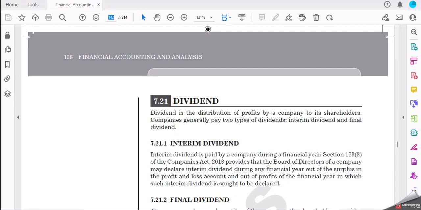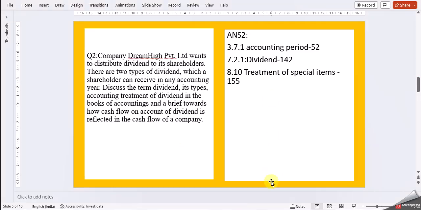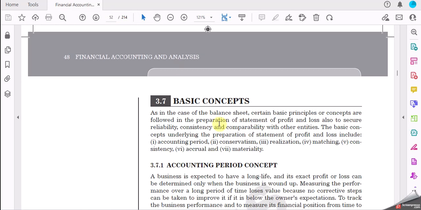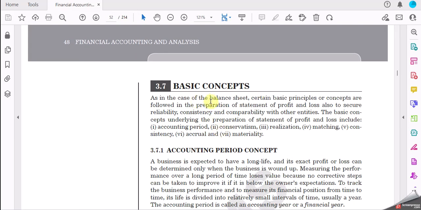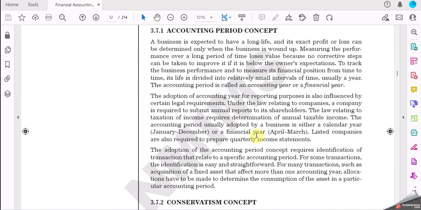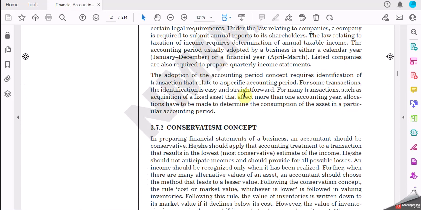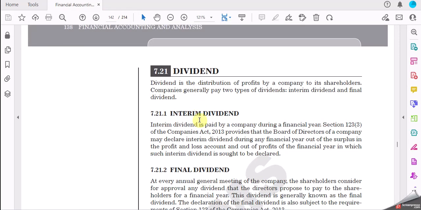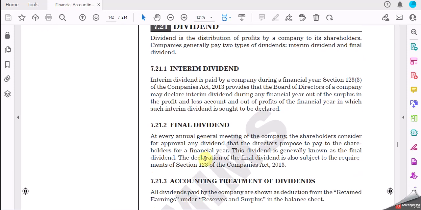Here you have the basic concepts of accounting. Accounting period is mentioned, like a period of a financial year. So here you can find a little information to fill up the introduction part. Then moving to the dividend part of it, here you have the types of dividends, you can go ahead with that.